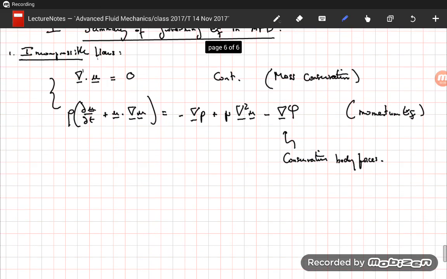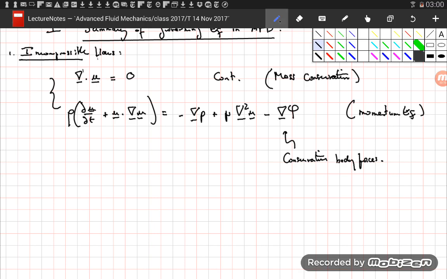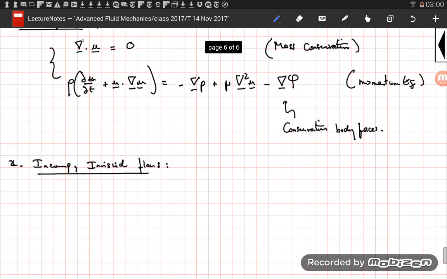Now, when we assume that on top of that the flow is inviscid, that means that the viscous term is negligible. So here we have incompressible and inviscid flows.